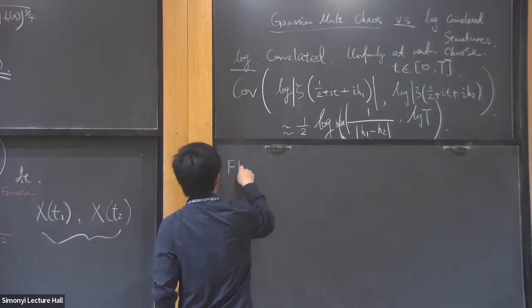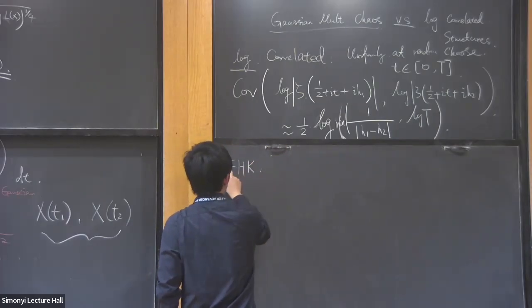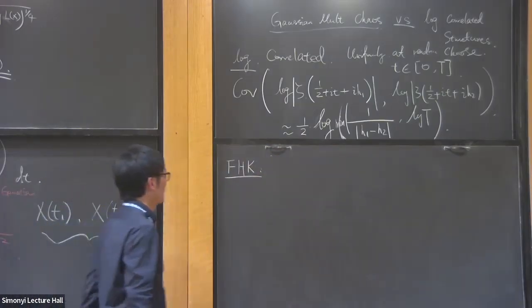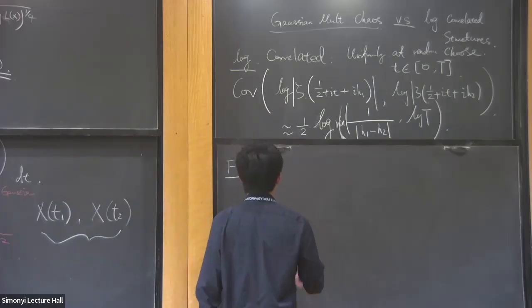The Fyodorov-Hiary-Keating conjecture was originally proposed probably on the random matrix side, but let's only care about the Riemann zeta case.